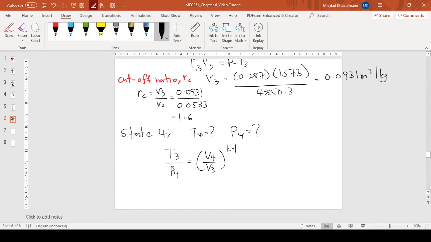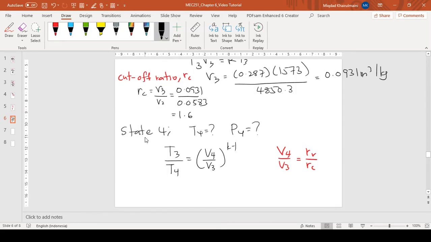We can use the isentropic relationship equation. Remember that V4 over V3 is equal to the compression ratio over the cut-off ratio. That is why we had to calculate the cut-off ratio just now. We can substitute the values to find the temperature at state 4.